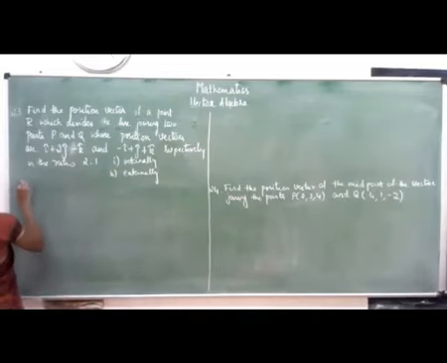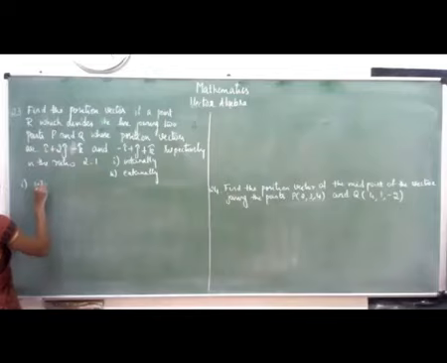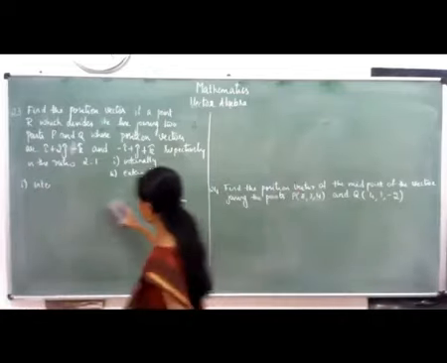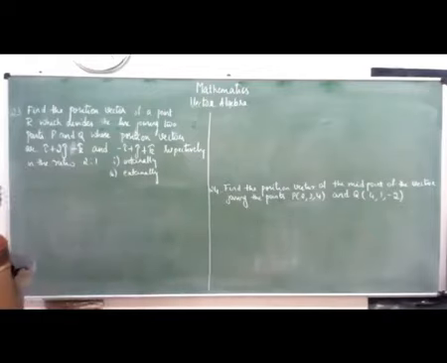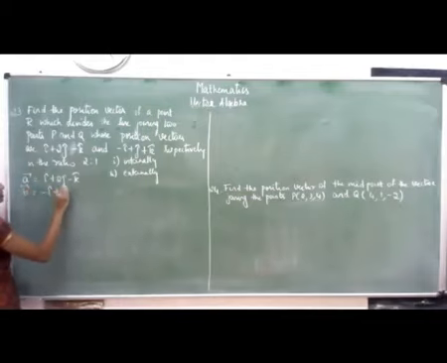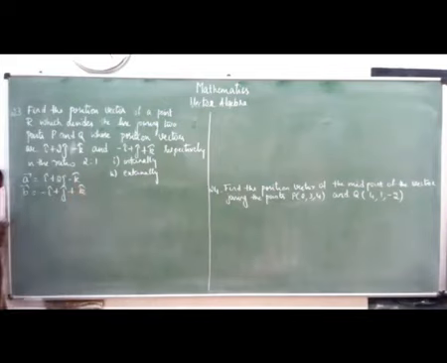So first case, internally. Before actually writing, let us name the given two vectors. The first vector I'll name as vector A, which is i cap plus 2j cap minus k cap, and the second vector, vector B, is minus i cap plus j cap plus k cap.